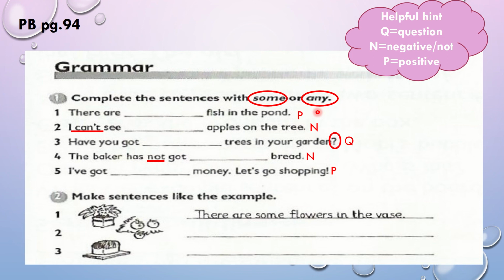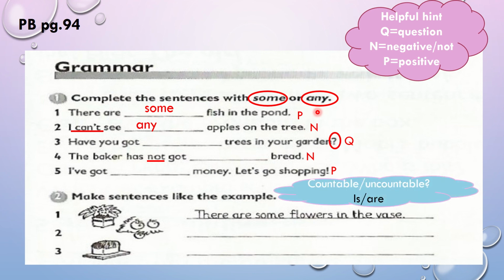Question number 1. There are some fish in the pond. I can't see any apples on the tree.